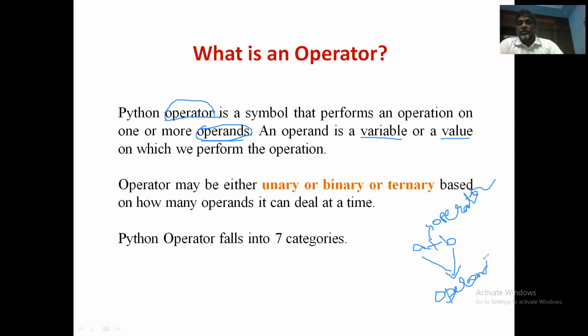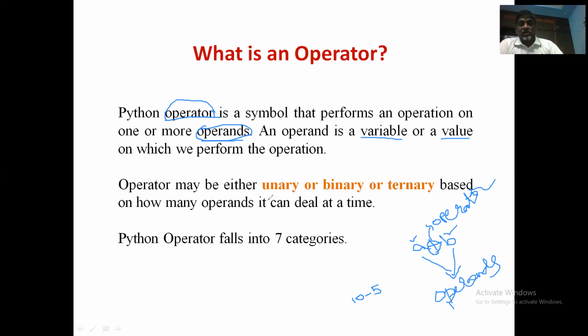So from this, you should understand one thing: an operator is a symbol which performs an operation on given operands. The operands may be variables or maybe some values also. You can write 10 minus 5. So 10 and 5 will be operands and minus is going to be an operator.